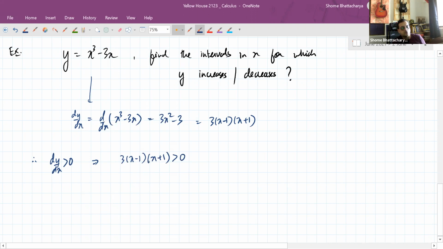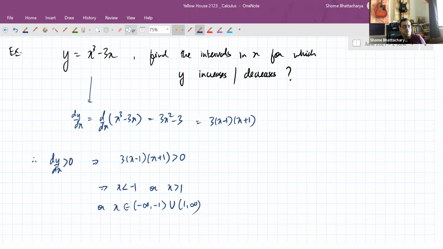So that means either both of these quantities should be negative, which means x is less than minus 1, or both of these should be positive, which means x is greater than 1. Or we can say that x belongs to the interval minus infinity to minus 1 union with the interval 1 to infinity.